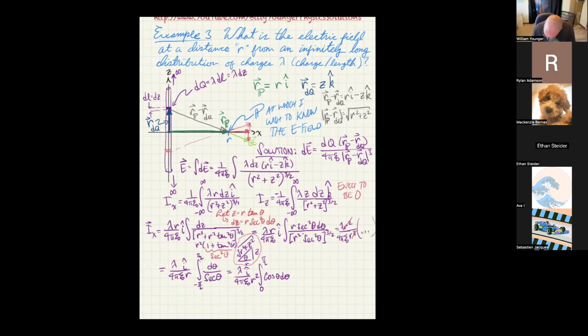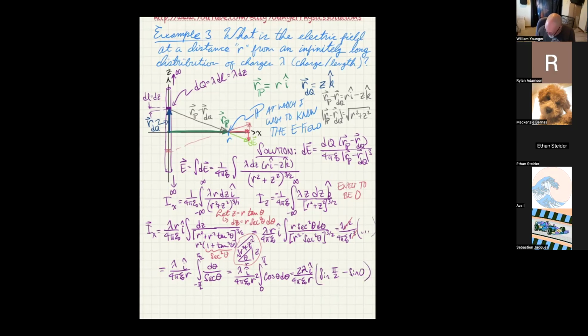So I end up getting 2 lambda I hat over 4 pi epsilon naught r. Okay, the 2 was out in front. That's where the 2 came up there. And I end up getting the sine of pi over 2 minus the sine of 0.